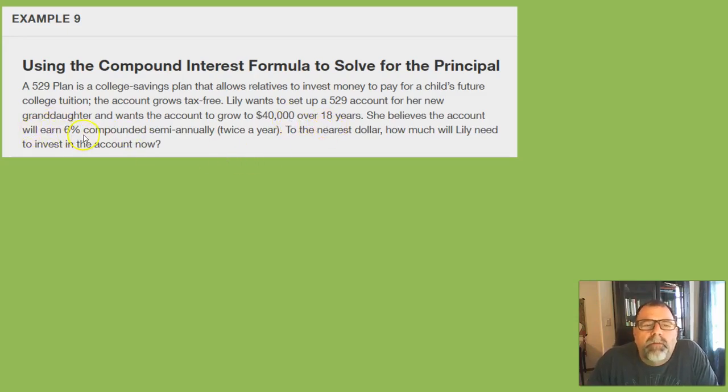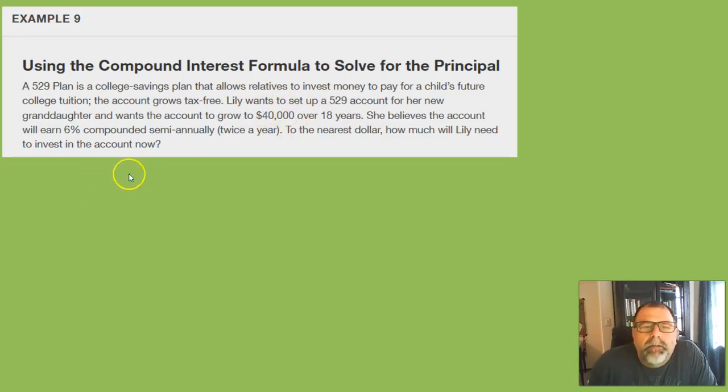She believes the account will earn 6% compounded semi-annually, so that's twice a year. To the nearest dollar, how much will Lily need to invest in the account now? So she's going to put a lump sum in an account and let it sit there and grow over 18 years, and then she'll gift it to her granddaughter to go to college.